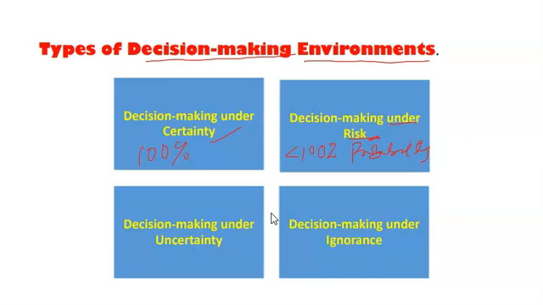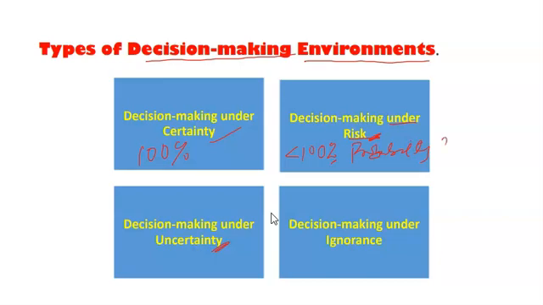That is where we talk about the risk environment. Now, there's also an environment that we call uncertainty. Uncertainty is that you don't have probability to attach to whatever decision you are going to make. Under risk, don't forget, you have less than 100% information, but you still have a probability of the outcome.